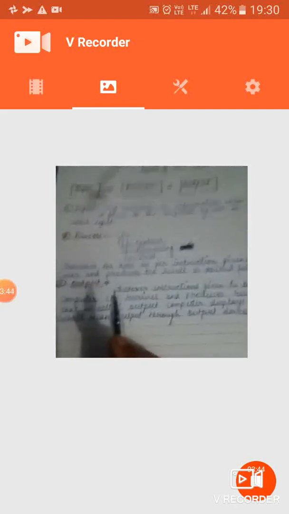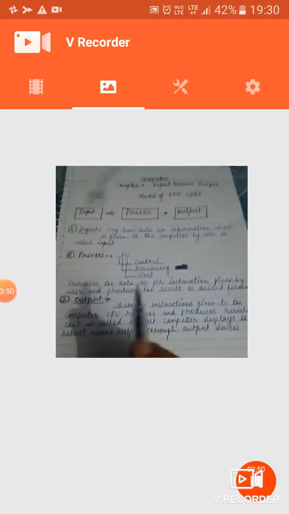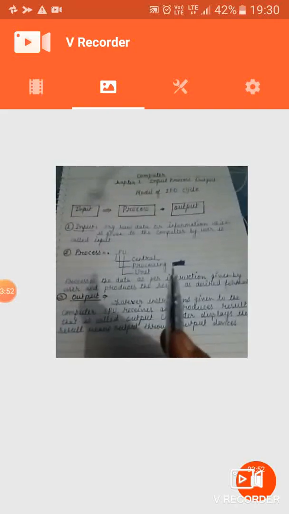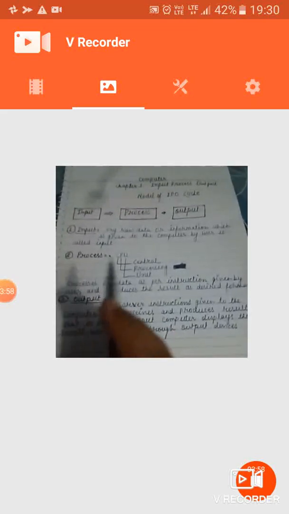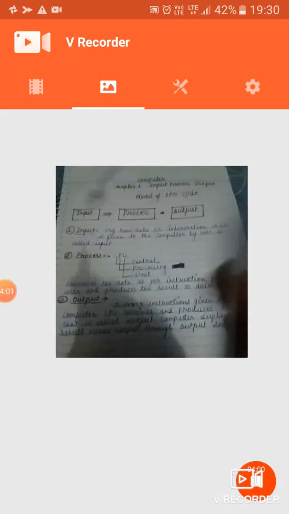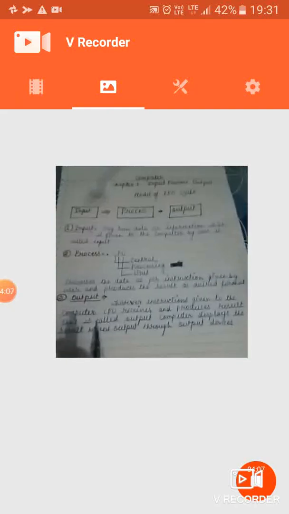So in this chapter we have learned the entire function of a computer, that is, how a computer works. A computer works on the IPO cycle. First of all, you have to give instructions to the computer.